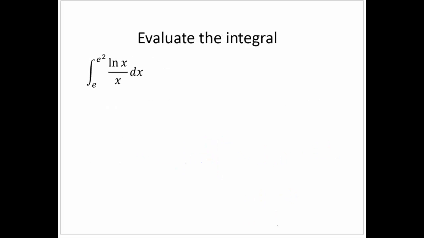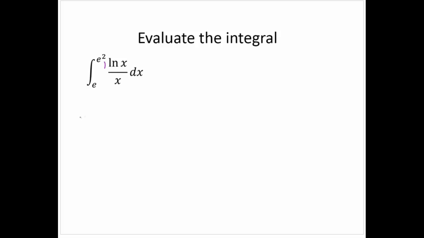Evaluate the integral from e to e squared of natural log of x over x dx. Now, there's no obvious inside for us to try as our substitution, so this might take a little trial and error. But what I notice is I see that 1 over x, and I know that 1 over x is the derivative of natural log of x.